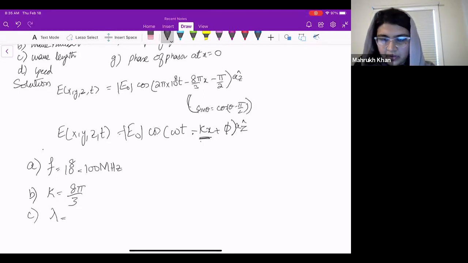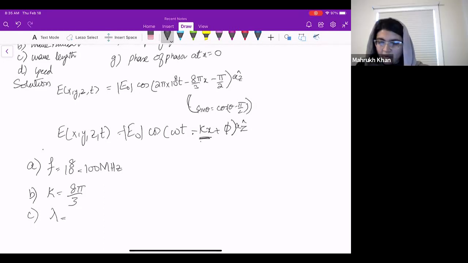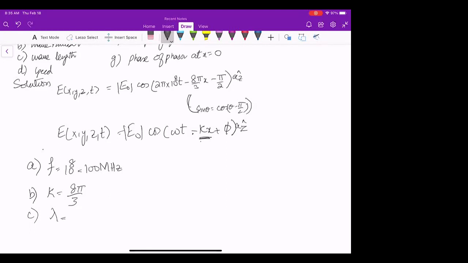Is omega like 2 pi over the wavelength? Okay, 2 pi f? 2 pi f is omega. You are talking something right. And then you know that f is c over lambda, right?